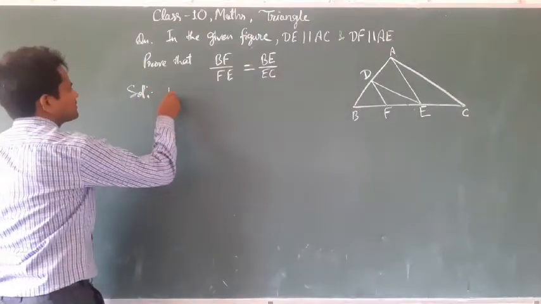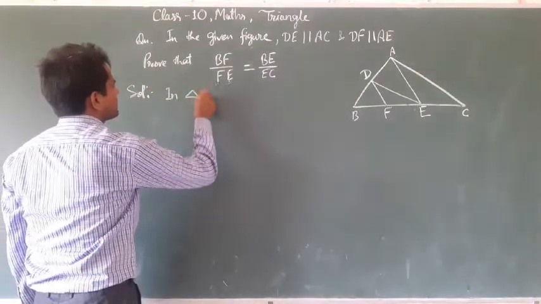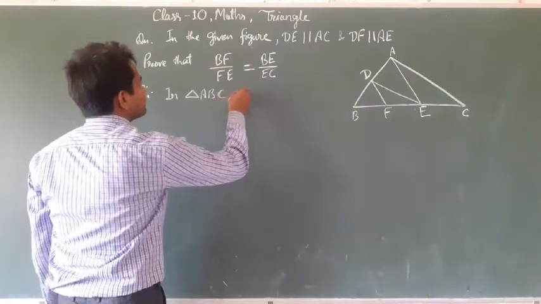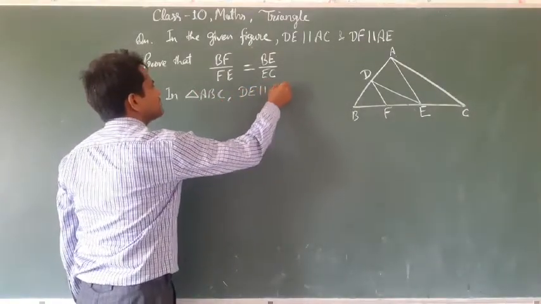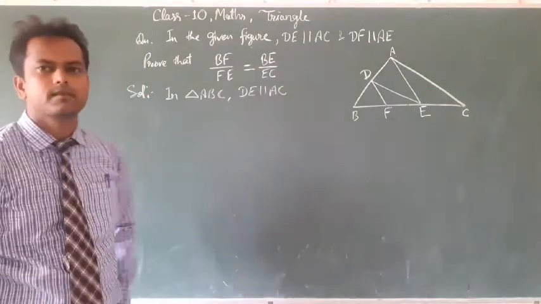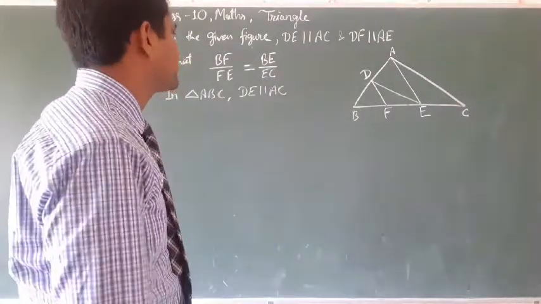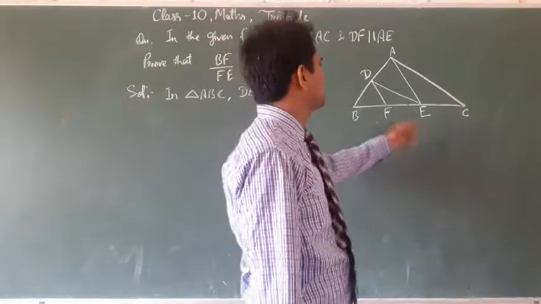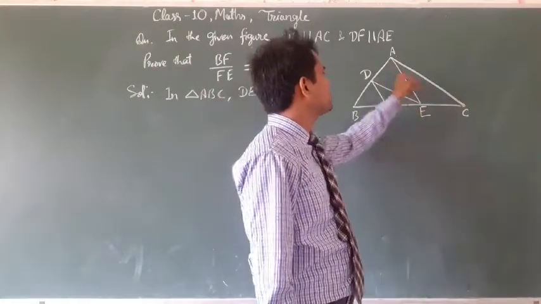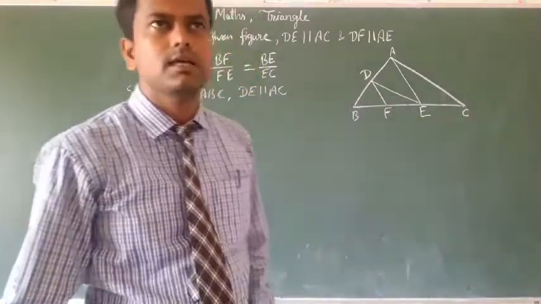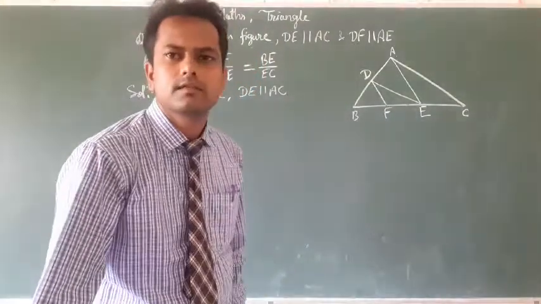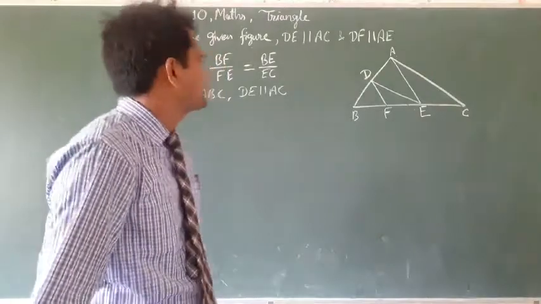So write down, in triangle ABC we have DE parallel to AC. So therefore we can say that if DE is parallel to AC, then the other two sides of triangle ABC are divided in the same proportion. Got it?